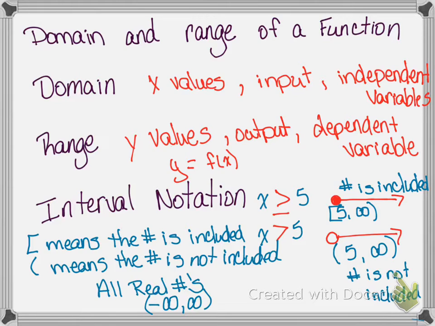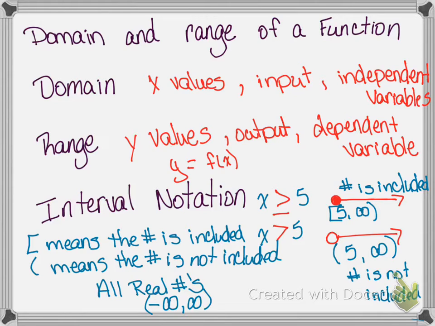If you had a dot shaded in, that meant that that number on the number line was included in your solution. So if I tell you to pick a number that is greater than or equal to 5, can you pick 5 as one of those numbers? Yes, you can. 5 is included.